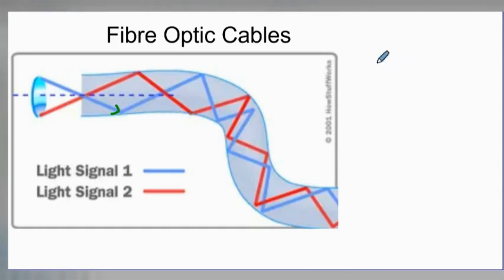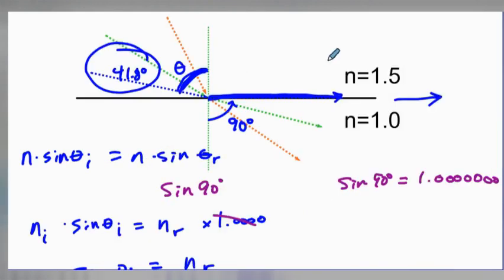And this is basically referred to as, and I didn't use this word earlier, internal reflection. That's what's happening when it's going down through, in this example here.